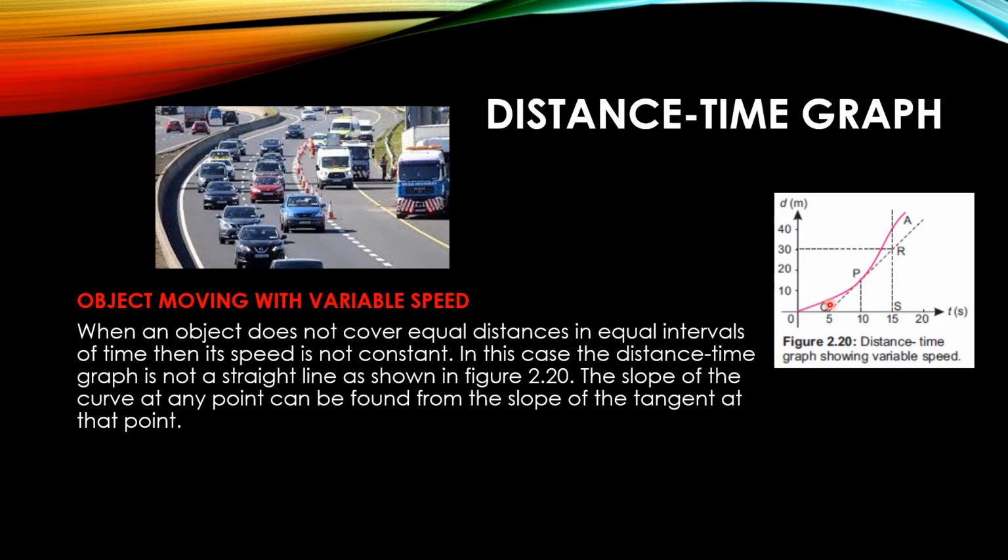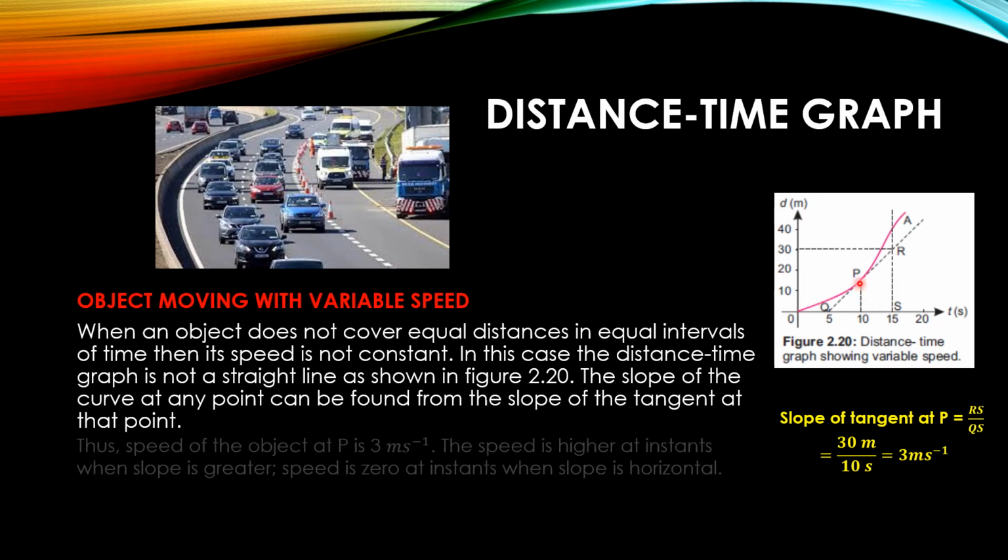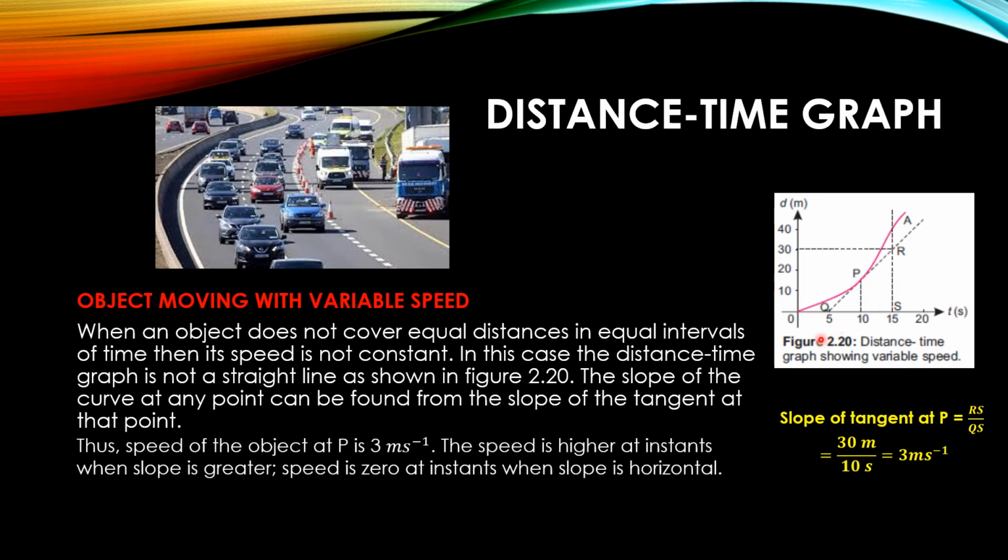The slope of the curve at any point can be found from the slope of the tangent at that point. We have drawn a tangent at the point P, and along this line we have chosen RS along the y-axis and QS along the x-axis. So 30 minus 0 will give you 30.